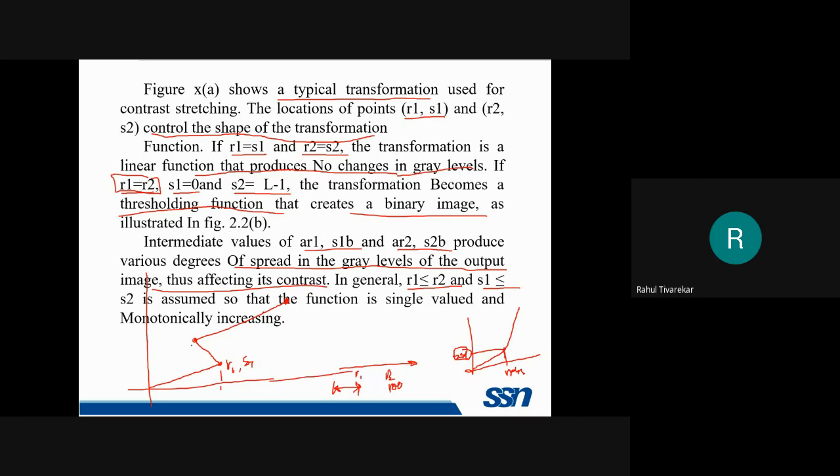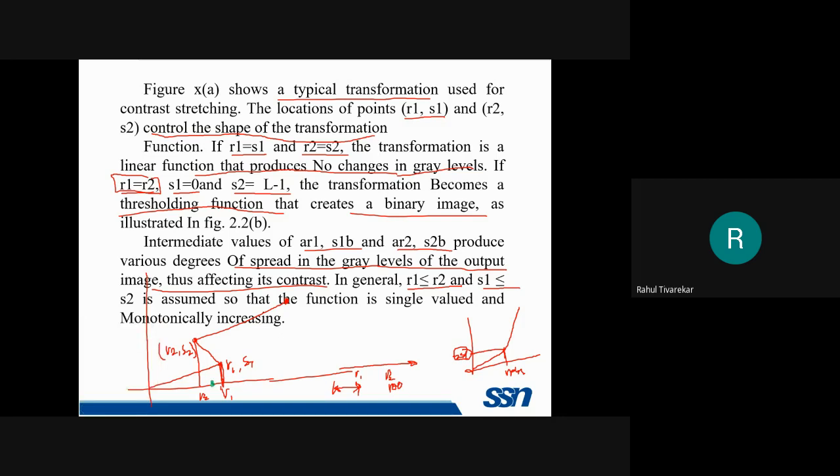See what I'm doing. If I choose value of R2 here, this is R2, S2. So what will happen? If I choose R1 larger, as you can see, it is larger on the horizontal axis, and R2 is lesser. As you can see, R2 is lesser on the horizontal axis. R1 is larger here.